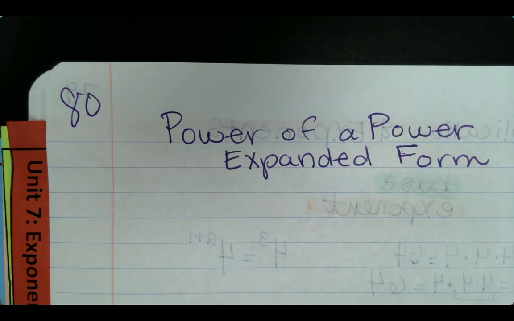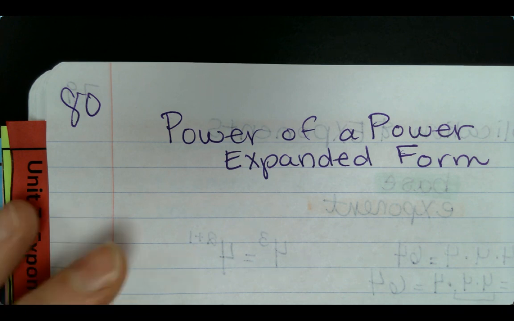So we have 3 examples to do. Whenever I say expanded form, what that means is if I have more than one exponent, I'm going to expand it out and rewrite them however many times they're listed with the exponent.